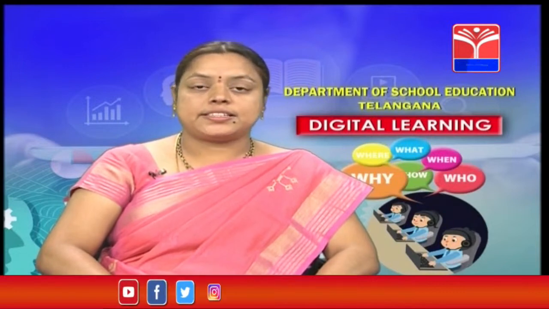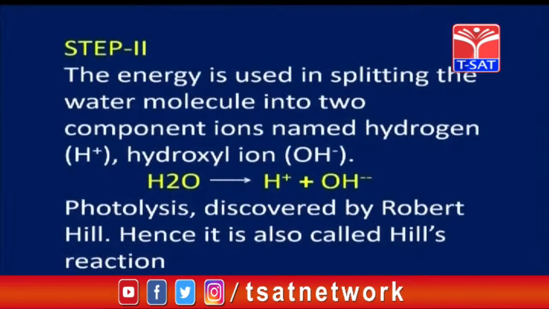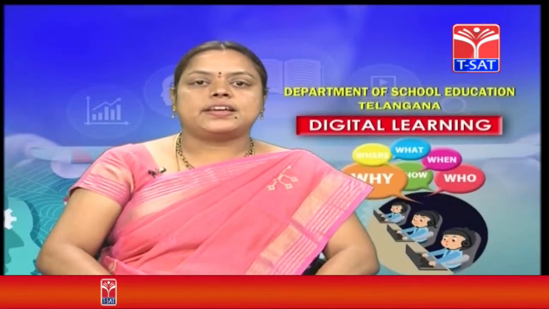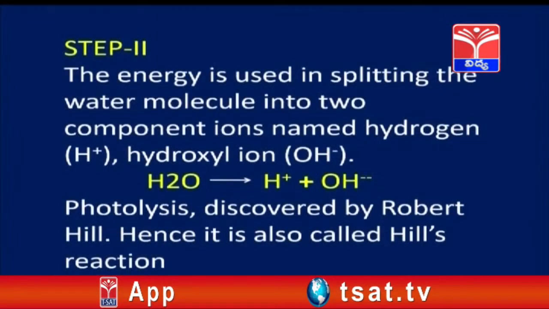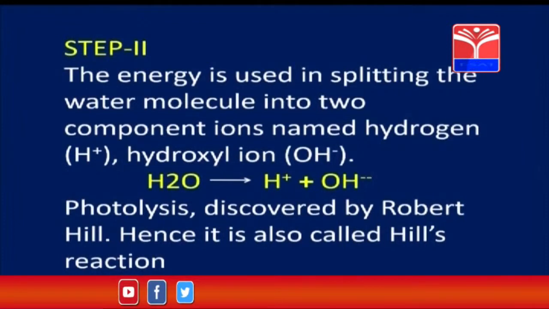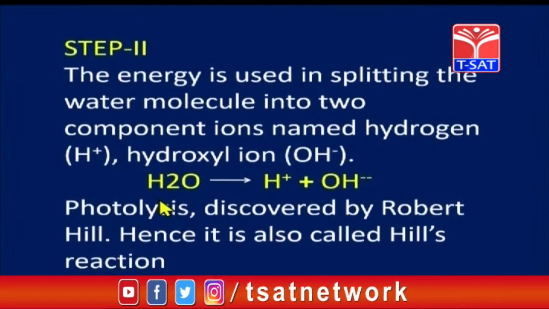Let us go for step 2. Now, the chlorophyll is activated. That means the energy present in the chlorophyll will perform the next function. That is, the energy in the chlorophyll is used in splitting the water molecule into two components, that is, hydrogen ions and hydroxyl ions. So, you can see over here H2O is broken down to H plus and OH minus ions.